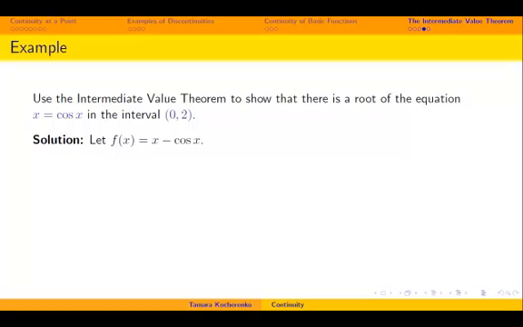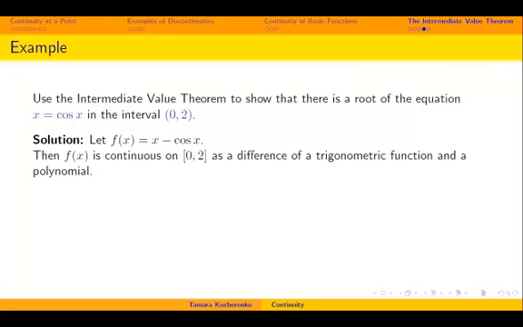Consider function f of x equals x minus cosine x. f of x is continuous on the closed interval [0, 2] as a difference of a trigonometric function and a polynomial. Actually, this function is continuous on the real line.